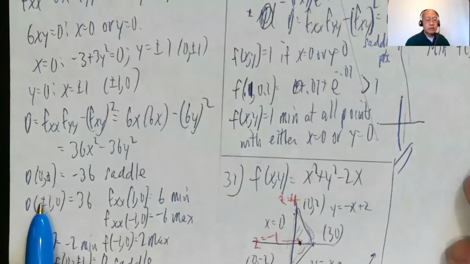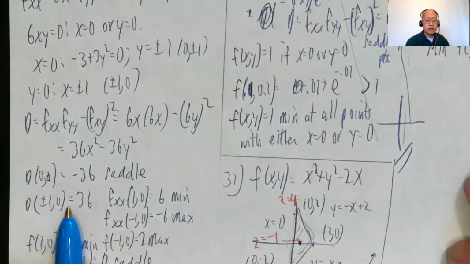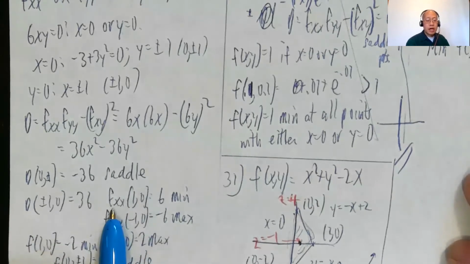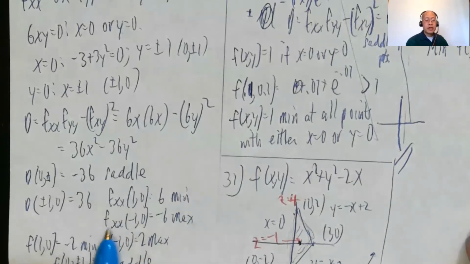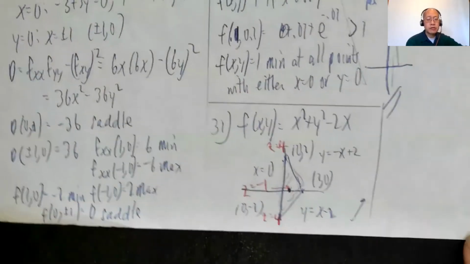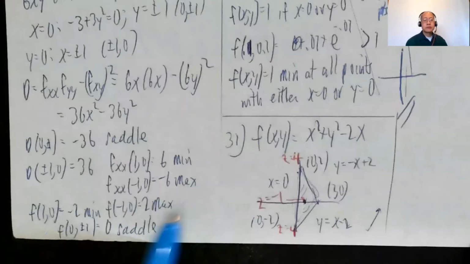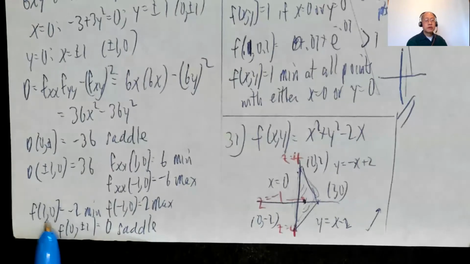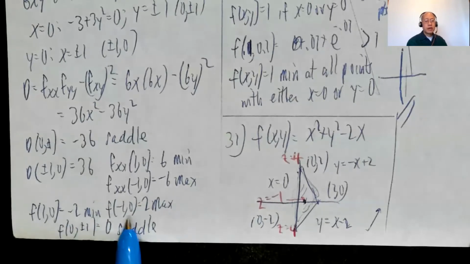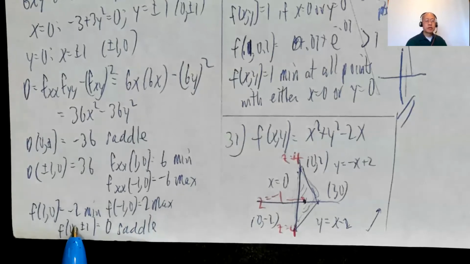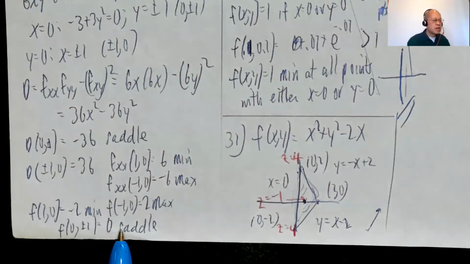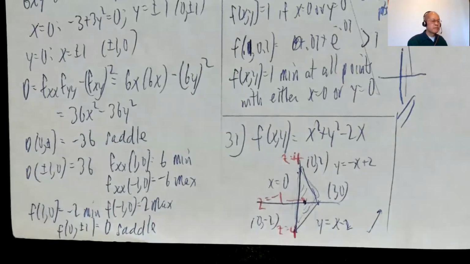Okay, D of (plus or minus 1, 0) is positive 36. Then fxx at (1, 0) comes out to be 6. That's a minimum. fxx at (negative 1, 0) is negative 6. It's a maximum. So here's an instance where we get all of these. Okay, f of (1, 0) is negative 2. That's a minimum. f of (negative 1, 0) is positive 2. That's a maximum. f of (0, plus or minus 1) comes out to be 0. That gives me saddle points.